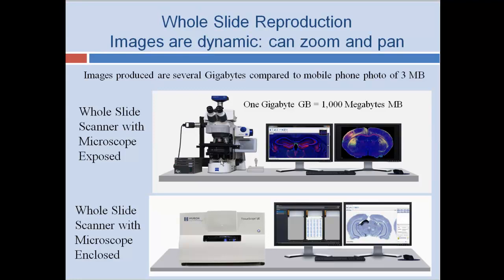So therefore, it's possible to view and pan around at different magnifications in different areas in this large specimen without downloading the entire 1,000 megabytes. Now down below you can see a very modern scanner, where the microscope is enclosed. So that's a whole slide reproduction compared to a digital or analog snapshot, a photomicrograph.